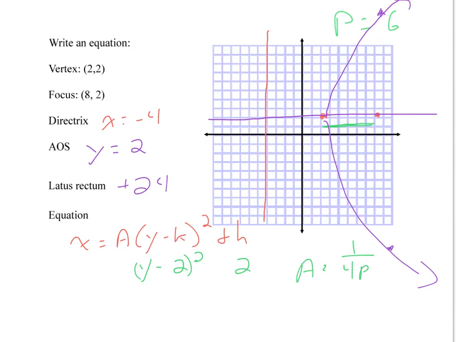P is 6. A equals 1 over 4 times 6, which is 24. So A is equal to 1/24, and it's positive because it opens to the right. So x is equal to 1/24 times y minus 2 squared, plus 2.